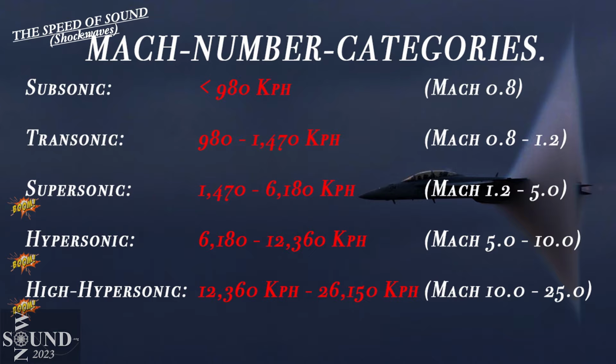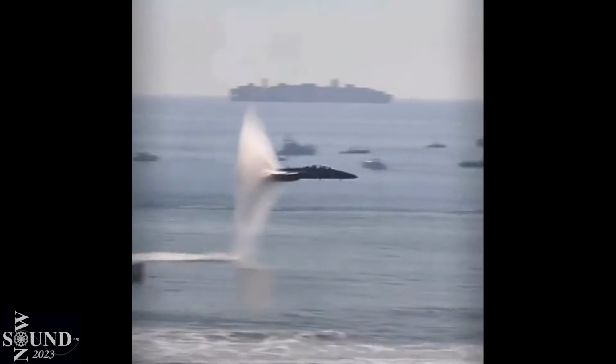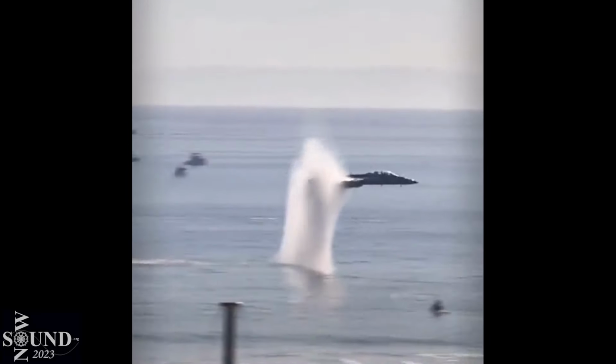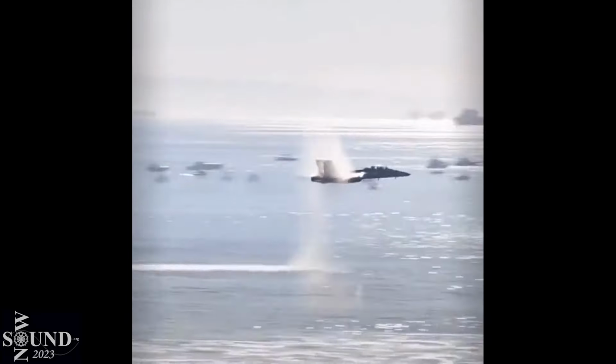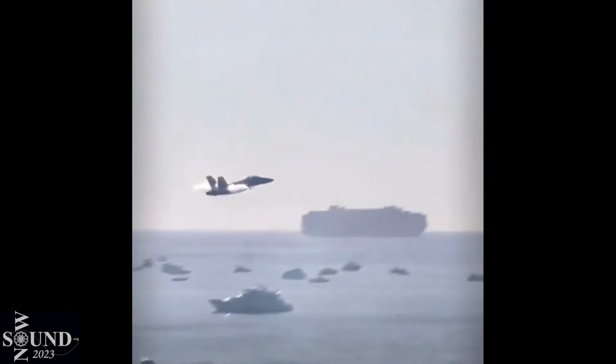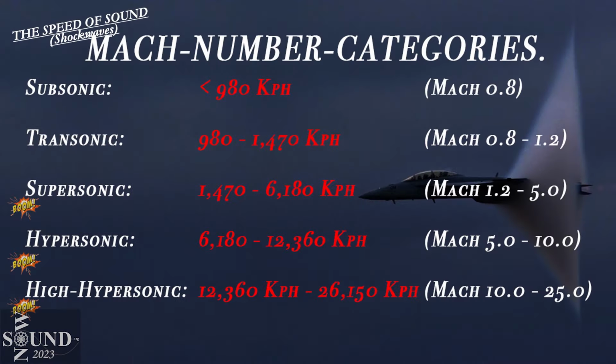Now, when you see these jets forming these cones around, this is usually in the transonic phase, transitioning from slower than the speed of sound to faster than the speed of sound. You can see the speed there, 980 to 1470. Then we have supersonic, hypersonic, and high hypersonic.